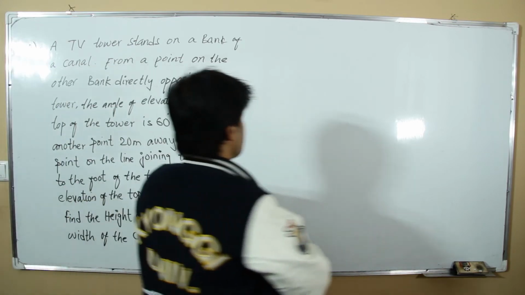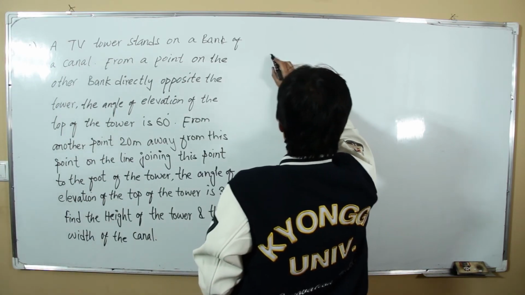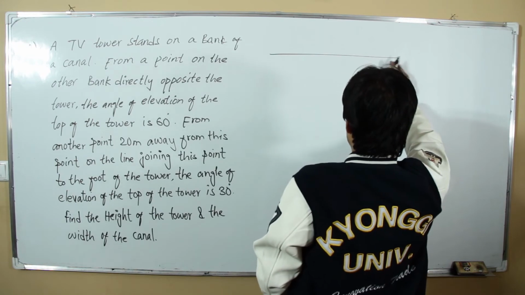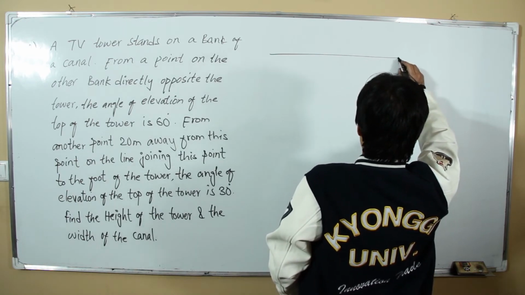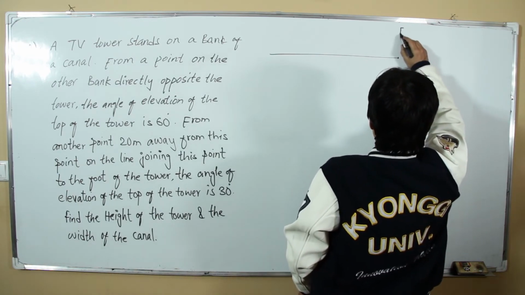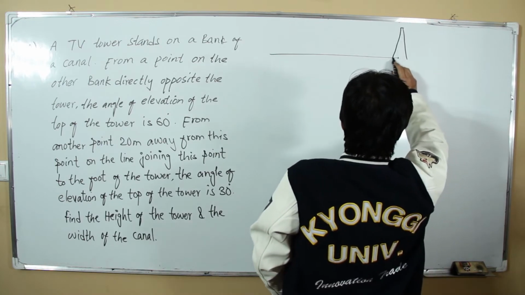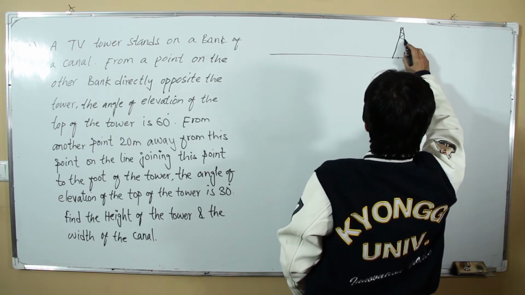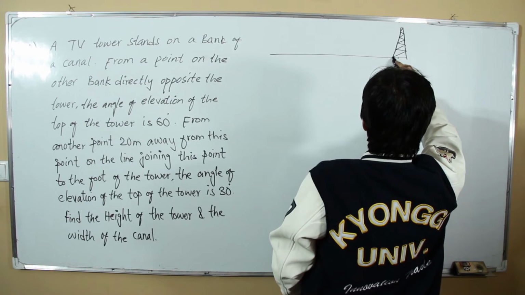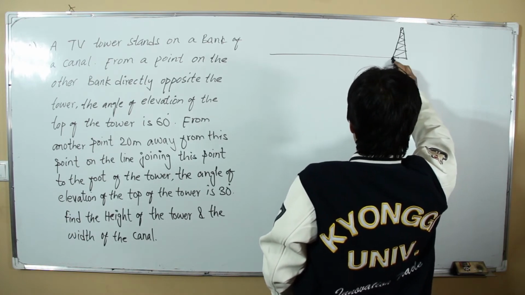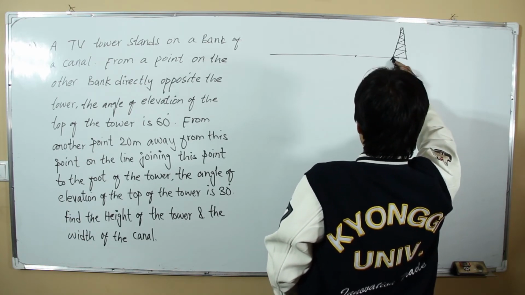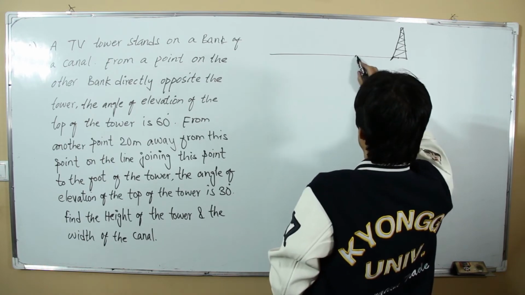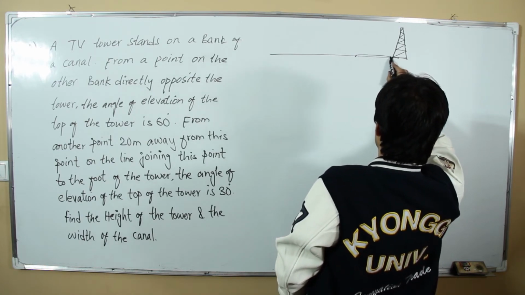What does it mean? It means, suppose this is our ground. In here, we have a tower. This tower is located on a bank of the canal. There is a canal in here.